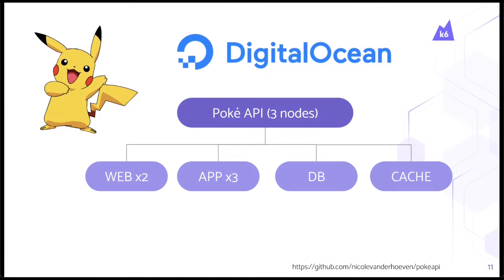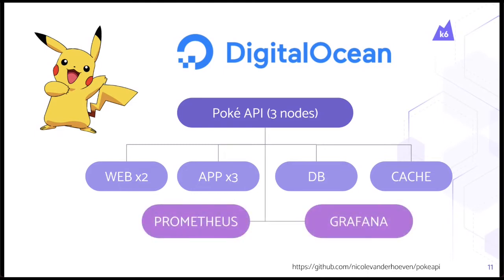To address the issue of me not being able to see into the box, I also installed Prometheus and Grafana on the cluster. Prometheus is a time series database and is also a great tool for capturing metrics. It works out of the box, and I like out of the box because it means less setup for me. Grafana is a visualization tool that will let me see the metrics from Prometheus and also from K6.